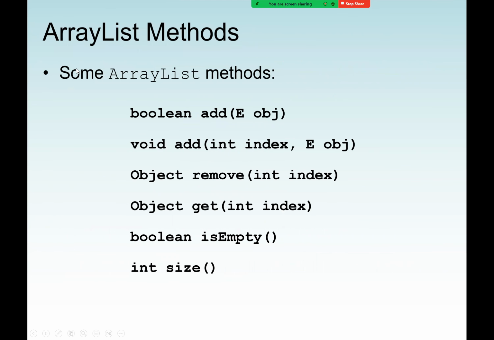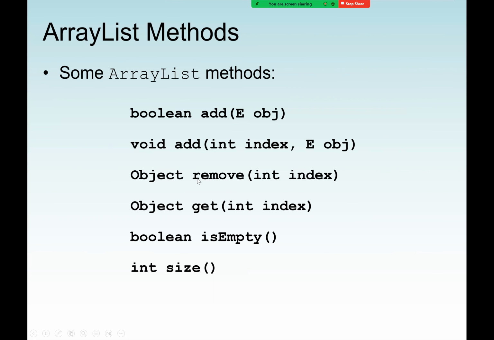So for example, here are some ArrayList methods. We have add, which makes it possible to add an item; the type is E and it also returns a boolean. Next we have add to insert an item E at an index position, and this method doesn't return a value, so it's void.